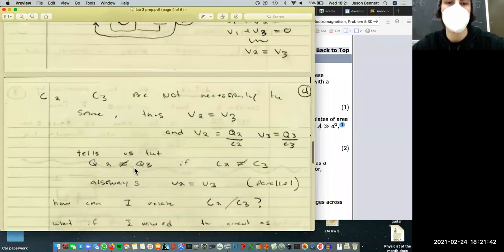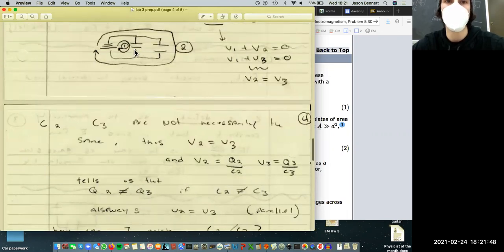Usually we'll say, okay, this is 2 microfarads and this is 10 microfarads. The charge distributes in this parallel arrangement according to the fact that the two voltages are the same.